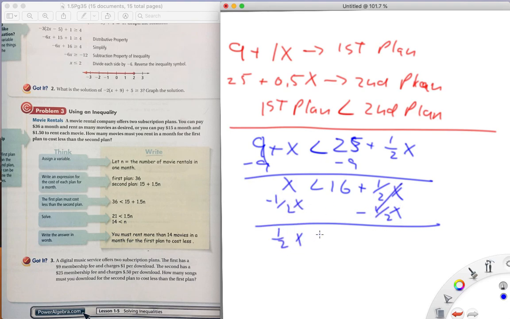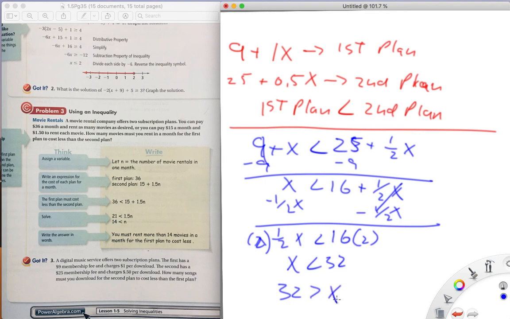Half x is less than 16. Multiply both sides by 2. And I have x less than 32. So I can rewrite it and say 32 is greater than x.